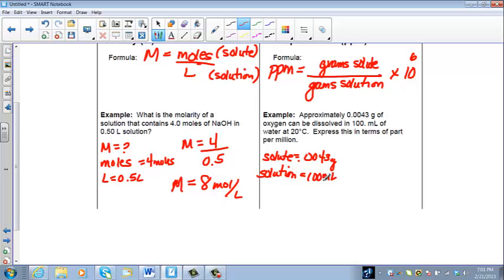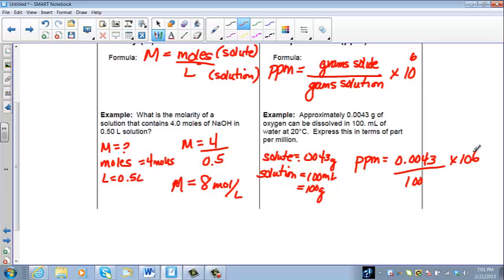And remember that 1 milliliter equals 1 gram. So this is really 100 grams. And the 20 degrees we don't need. Temperature is not part of this. So parts per million equals 0.0043 divided by 100 times 10 to the 6th.